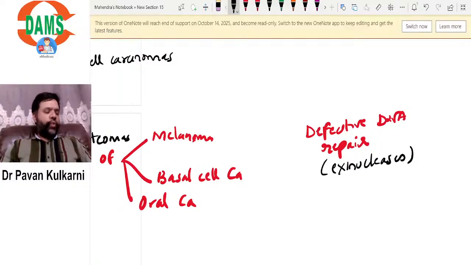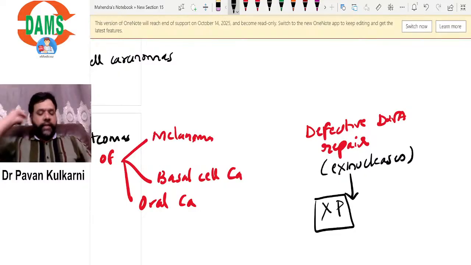That leads to xeroderma pigmentosa, or XP, a skin condition where there is increased risk for melanoma or basal cell carcinoma, or sometimes oral carcinoma.